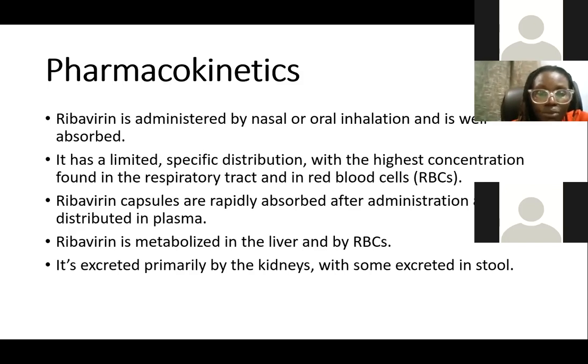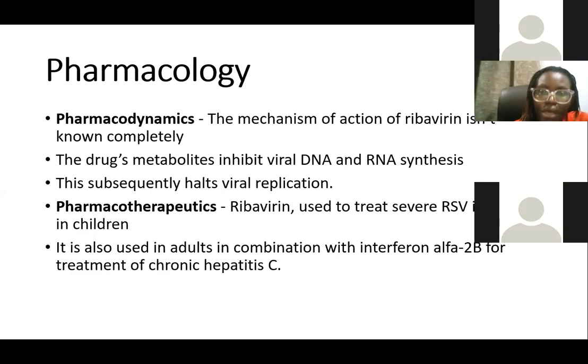If you take it orally, it is rapidly absorbed and distributed in the plasma. It is metabolized by the liver and by the red blood cells, and the excretion is mainly by the kidneys, with some in the stool. The mechanism of action is not well known, but it is known that it inhibits viral DNA and RNA synthesis.